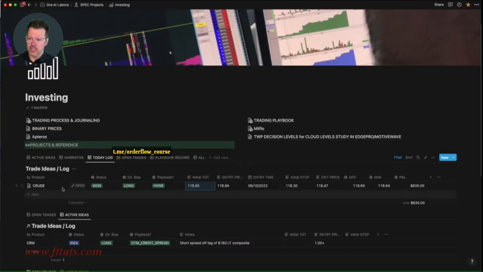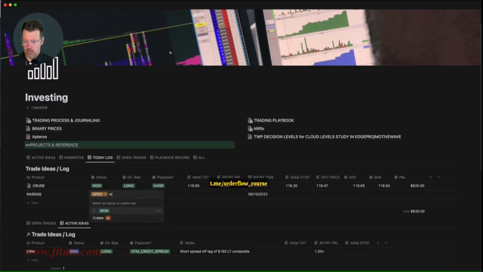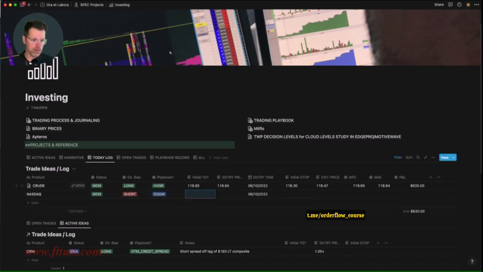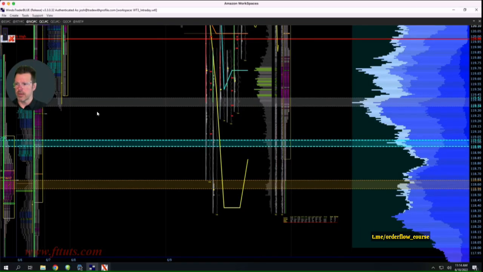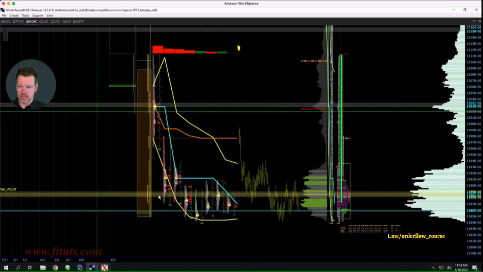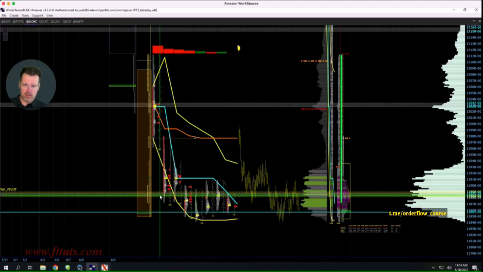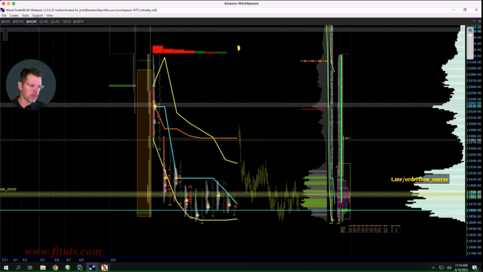All right, now we go back. So now I've got this crude long. Now another one was a NASDAQ short, and this was a directional open go with, and the initial target here was a high volume node, a composite high volume node, a weekly, a prior high volume node here, but really it was IB low, but it was ideally looking for this 11,890 area.